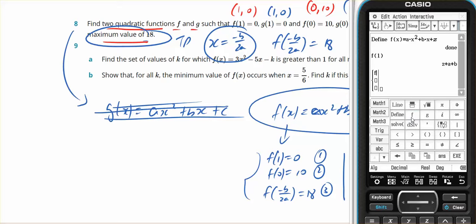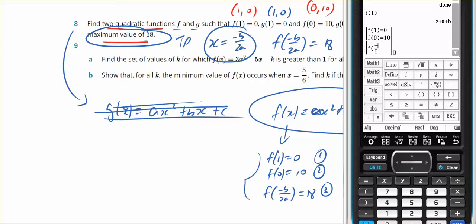So I'm going to go f of 1 equals 0. Then f of 0 equals 10, and f of, now I'm going to use a fraction button, minus b divided by 2a, equals 18.